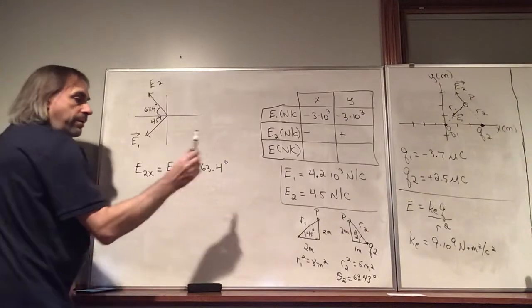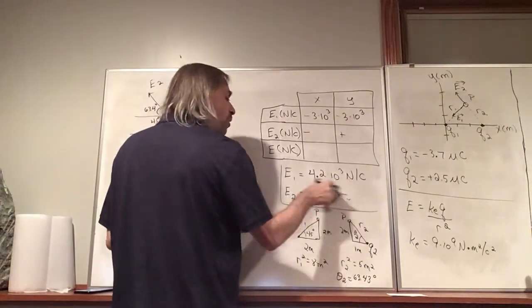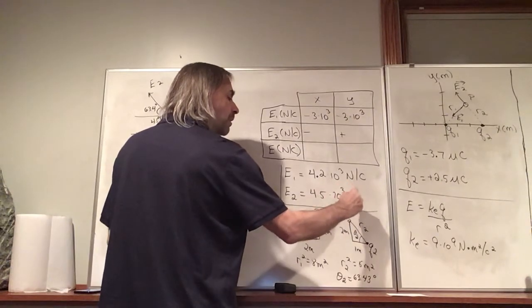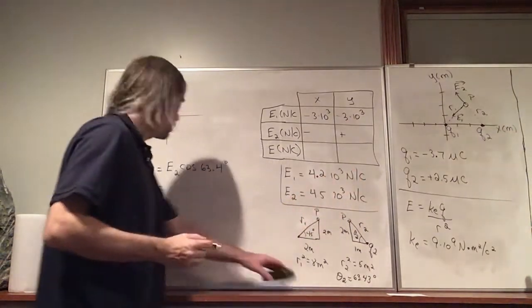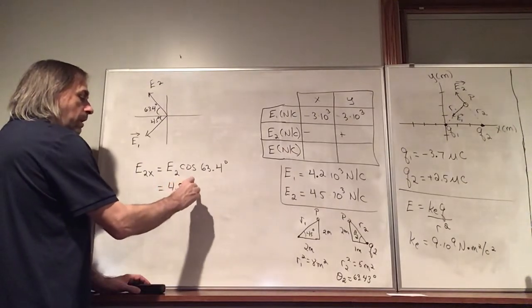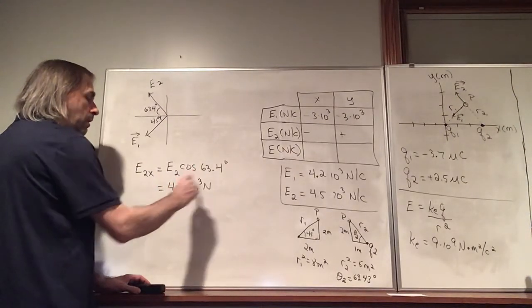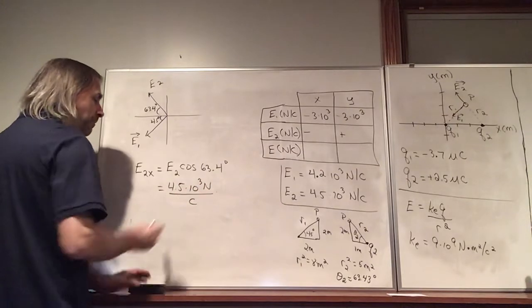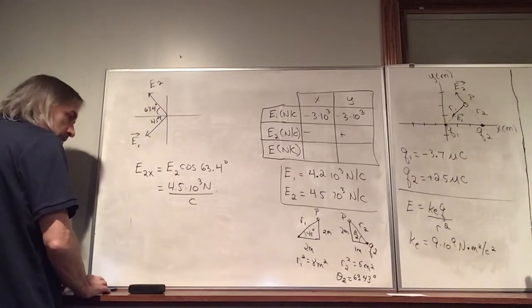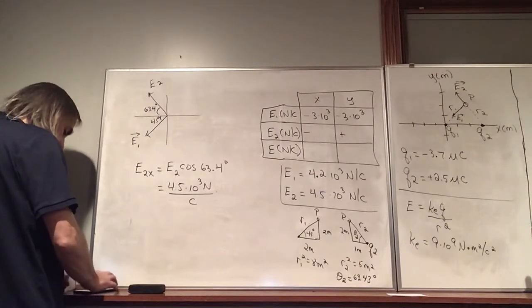So here we have, I wrote this down wrong, it should be 4.5 times 10 to the third newtons per coulomb. And now we want cosine of this angle, 63.4.